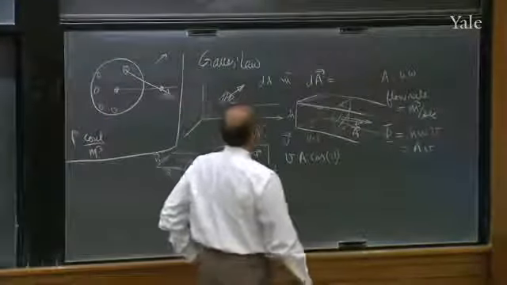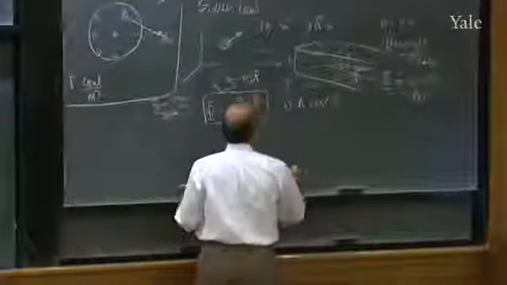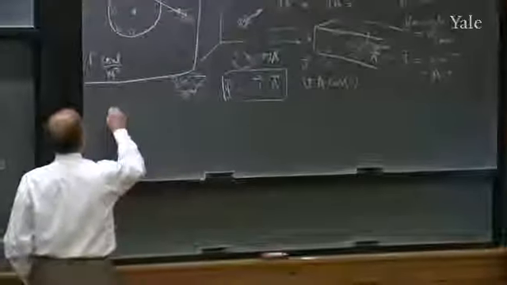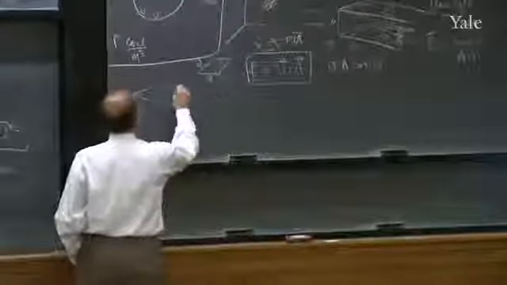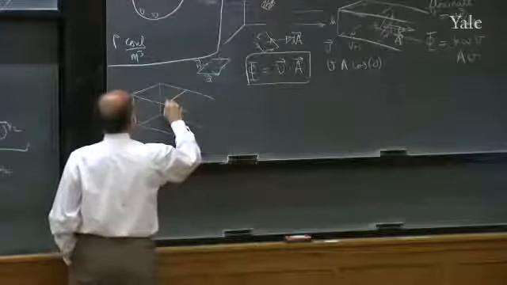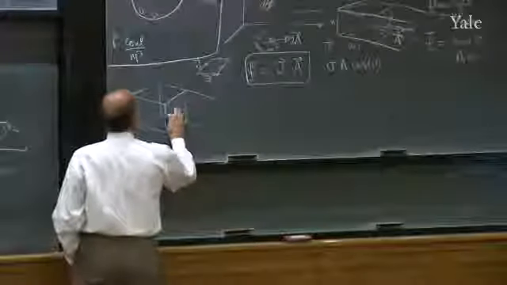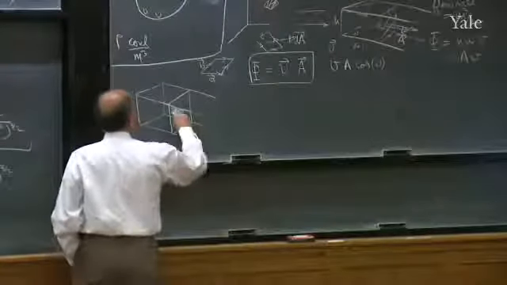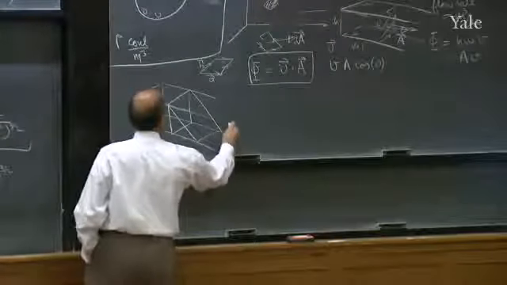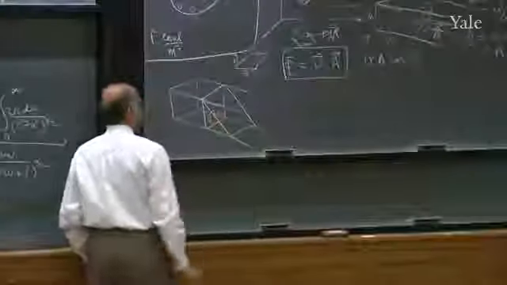But now let us do the following. Let's take the same problem, and I had this area here. Let me now take a tilted area like this. It also goes from the ceiling to the floor, but it's tilted at an angle theta.